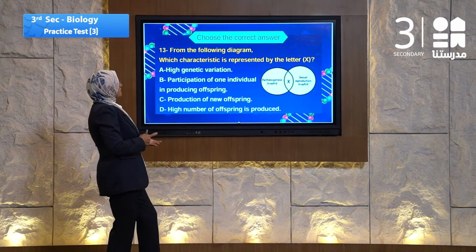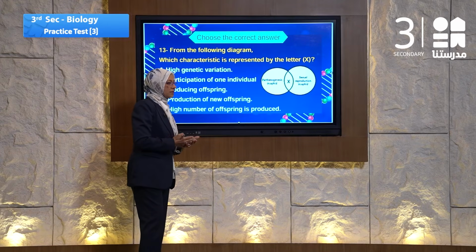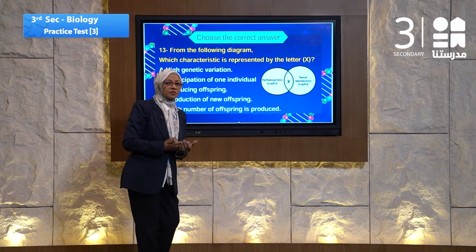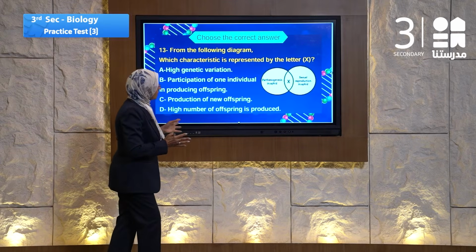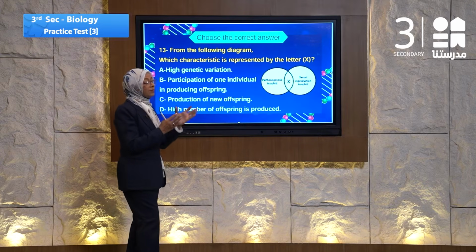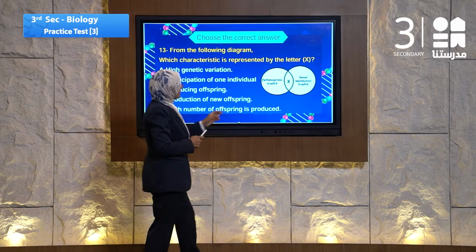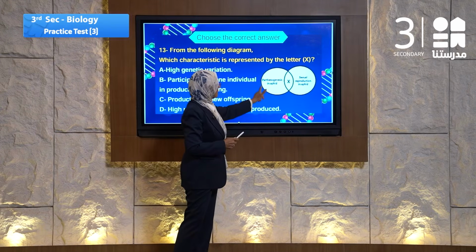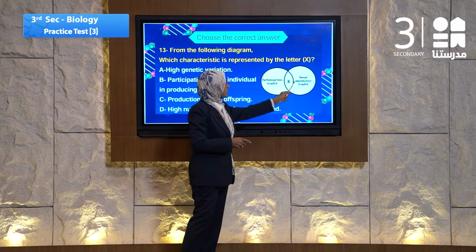Question number 13 is a diagram. So we must read the diagram first. The diagram must be shown first in our mind before we read the question. There are two cycles. The first one is parthenogenesis in aphids, and the other one is sexual reproduction in aphids.